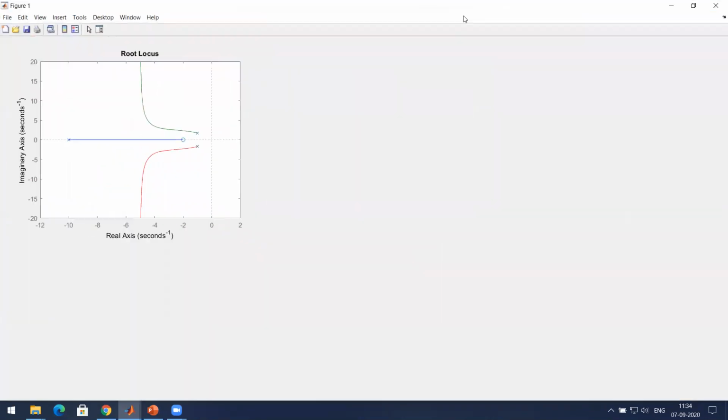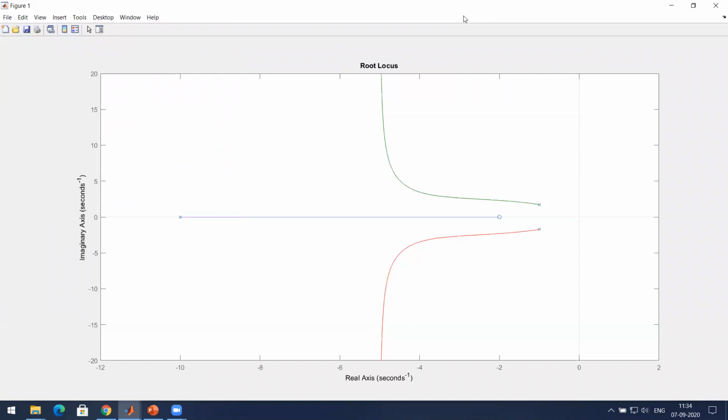So this is the root locus plot. You have 3 poles here, and this is 1 zero.